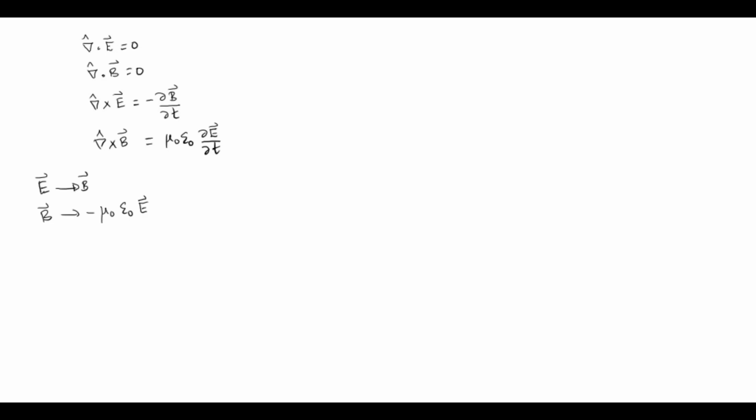The first ரெண்டு equation வந்து மாறாது. பாருங்க, when I substitute this, so what I will get? I will get divergence of B vector is equal to 0 because E is changed to B. So second என்ன ஆகும்னா divergence of minus mu naught epsilon 0 E vector, that is equal to 0.